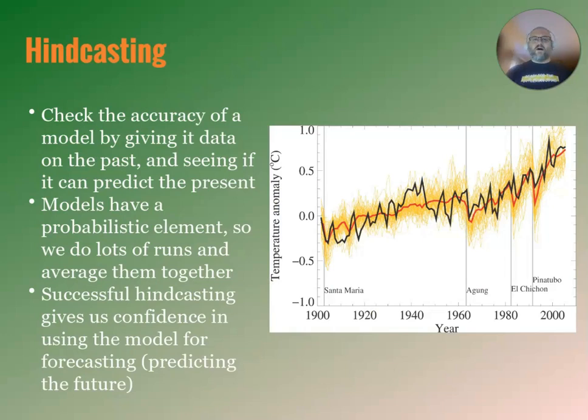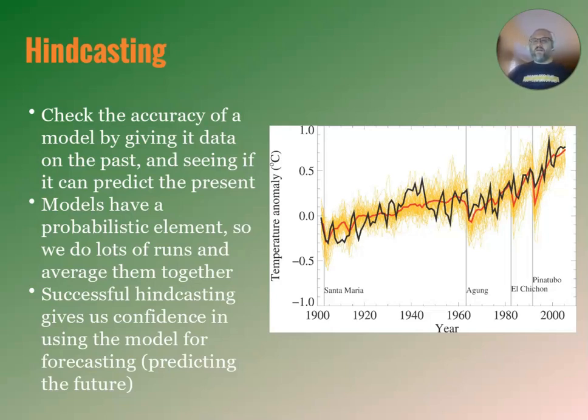Okay, so if we've set up our model, we want to make sure that our model is accurately representing what goes on the Earth. One of the key ways that we check the accuracy of our models is through something called hindcasting. You're familiar with forecasting, trying to predict the future, going forward from where you are in time. But before we trust a model to forecast the future, we want to make sure that it can hindcast. That is, it can predict the past behind us.